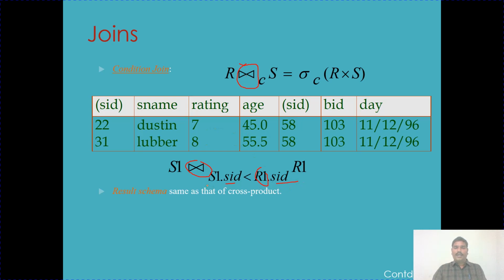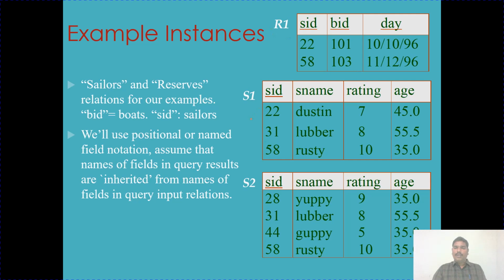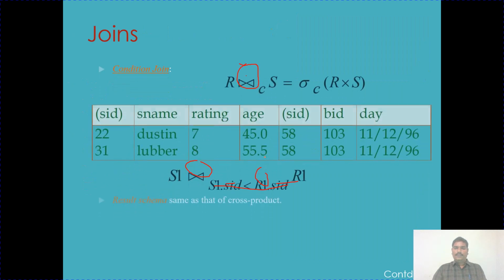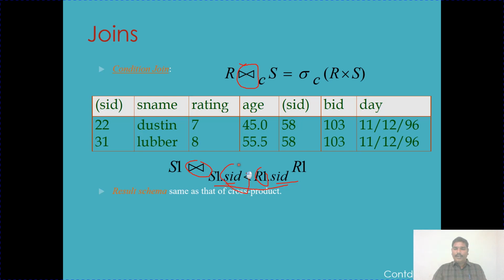Check the condition on the Sailor ID in the S1 table and the Sailor ID in the reserve table.